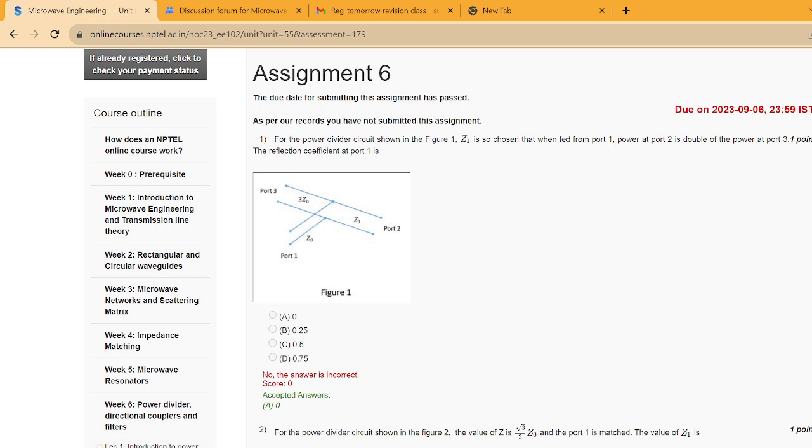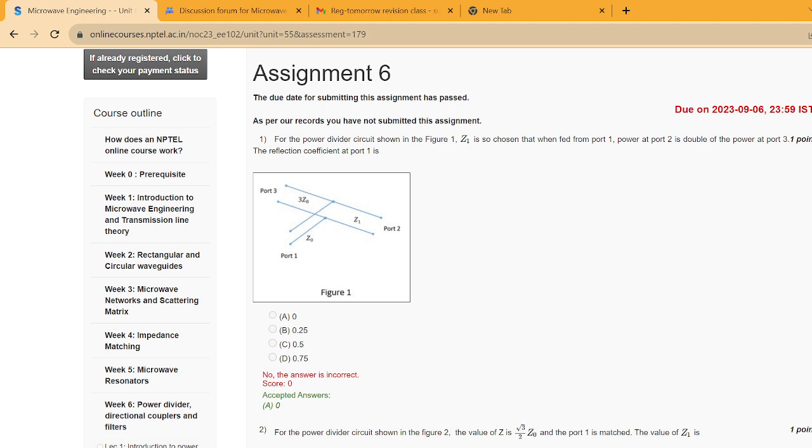The question is what is Z1? So Z1 will be 3Z0 by 2. Okay. So if you connect half of the impedance here, then at port 2 you will have double the power as that of port 3. So finally this is the final condition.